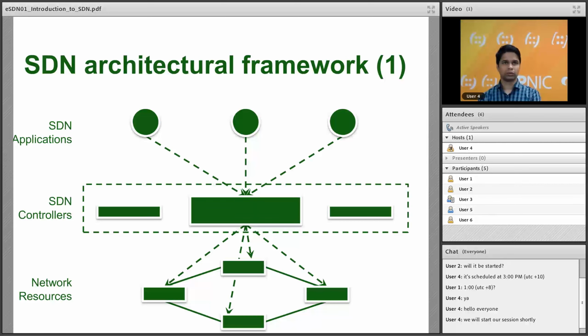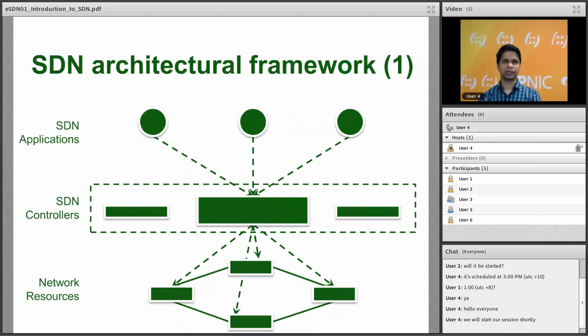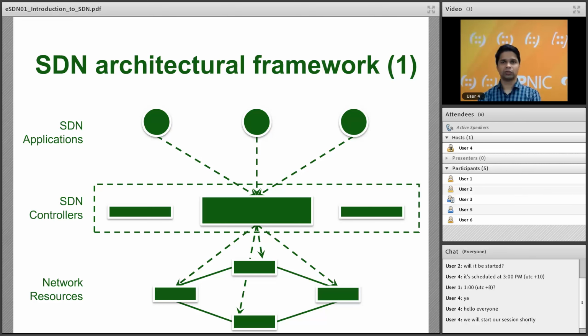So to look at the architecture, first we'll discuss the ITU framework, defined in the ITU-T Y.3300 specification. It is one of the simplified frameworks for SDN.